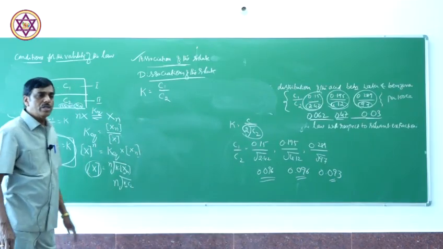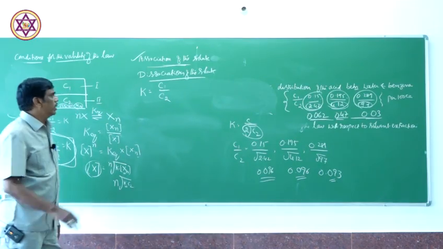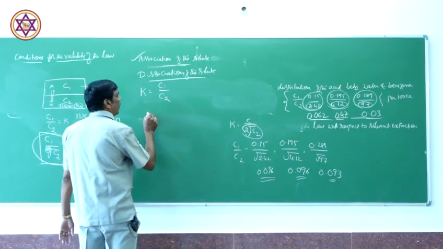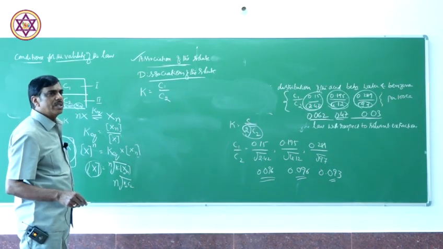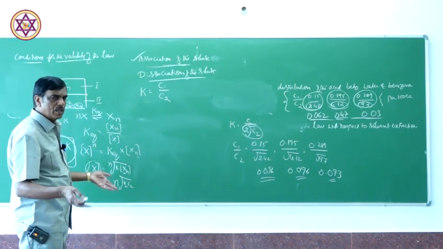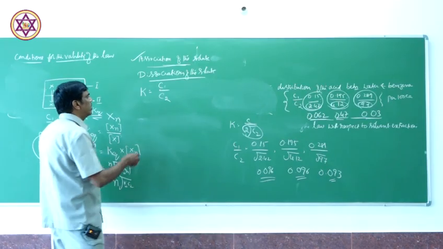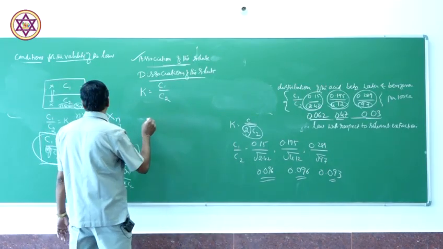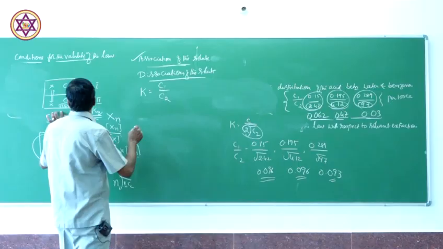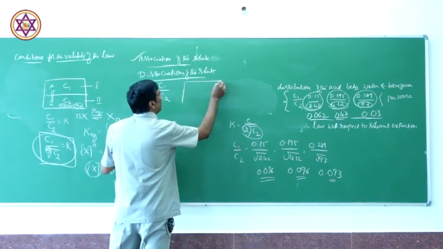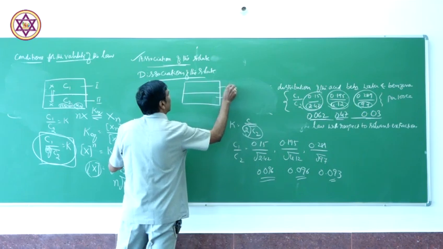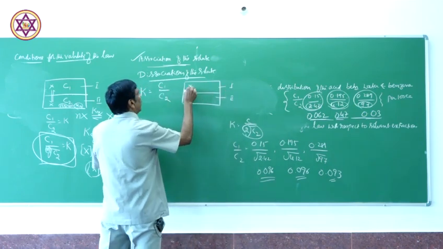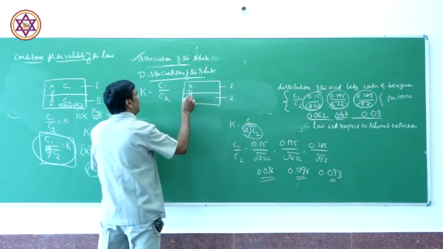Suppose alpha is the degree of dissociation, for example, an ester undergoes partial dissociation in one of the liquids. In such a case, this is the second phase, this is the first phase, and you have dissolved the solute in the solvent.